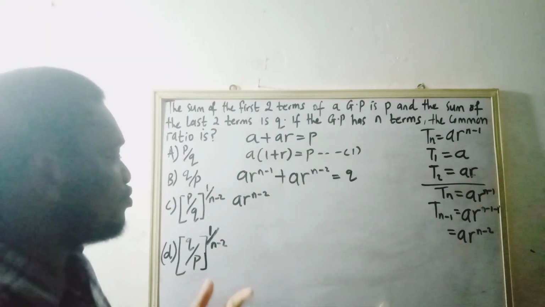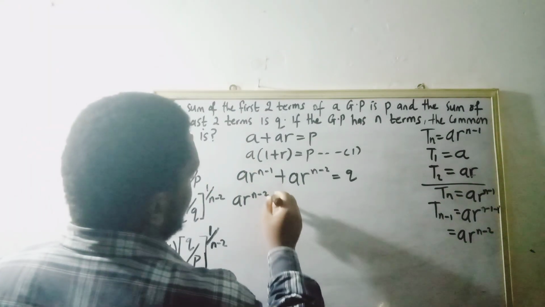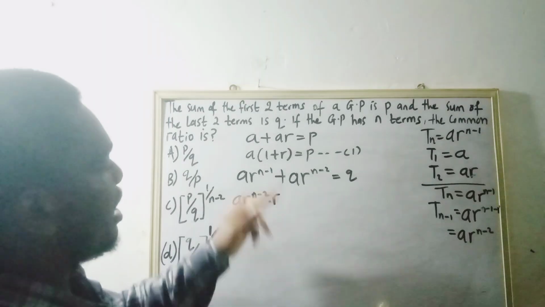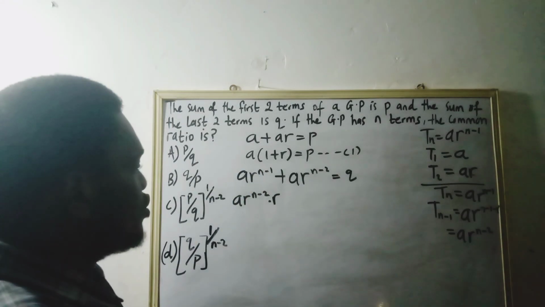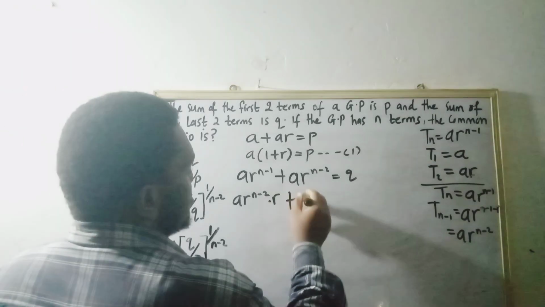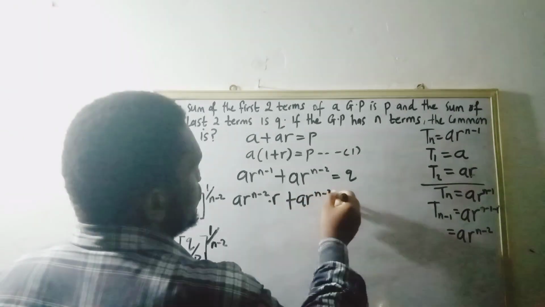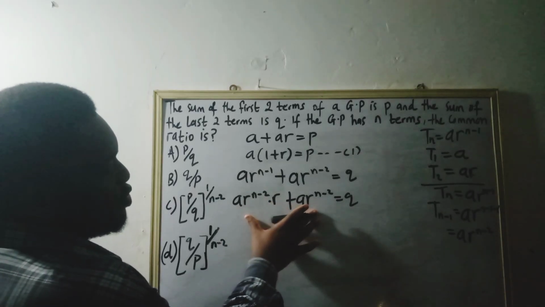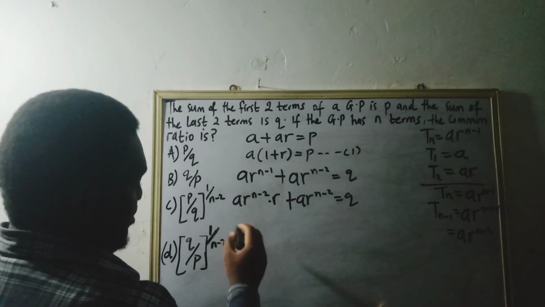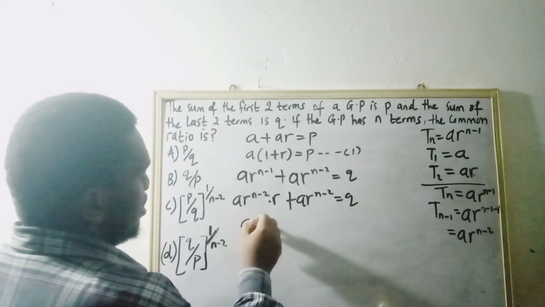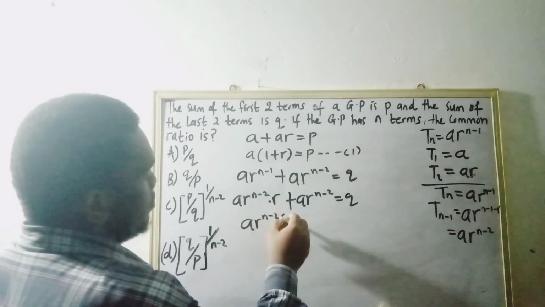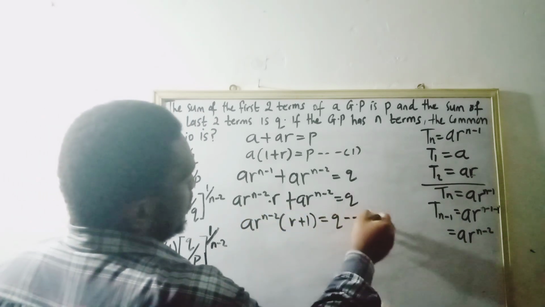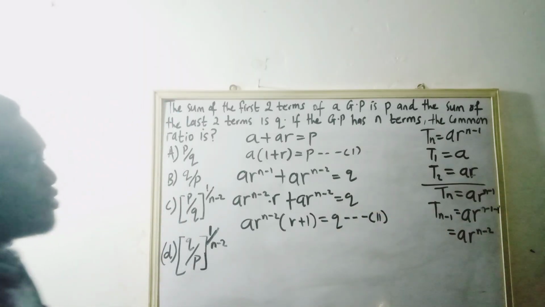To annul that effect, I multiply by r, so this becomes ar^(n-2) · r + ar^(n-2) = Q. Now I see that ar^(n-2) is a common term. I can factor that out, so this becomes ar^(n-2)(r + 1) = Q. And this gives equation 2.